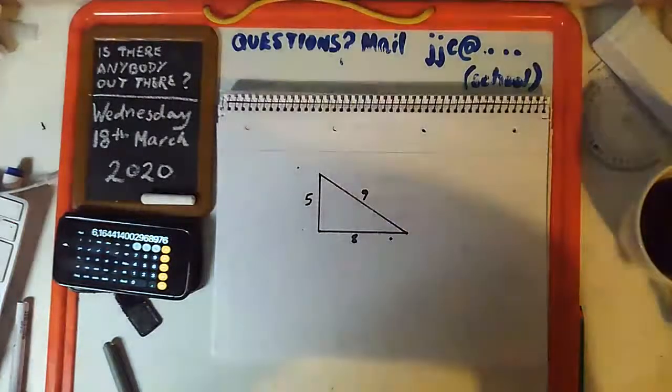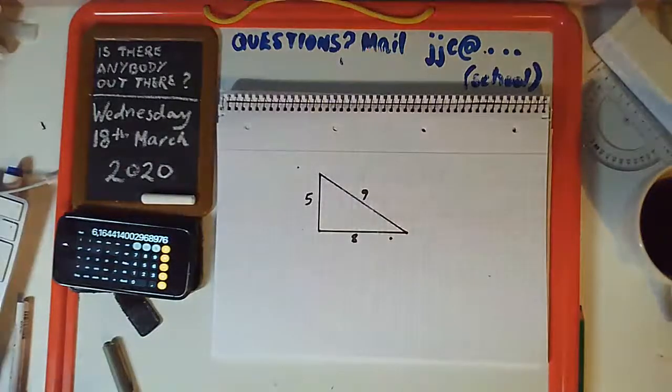Sorry, I just have to readjust my seat. There we go. So in some triangle, the three sides are 5, 8, and 9.